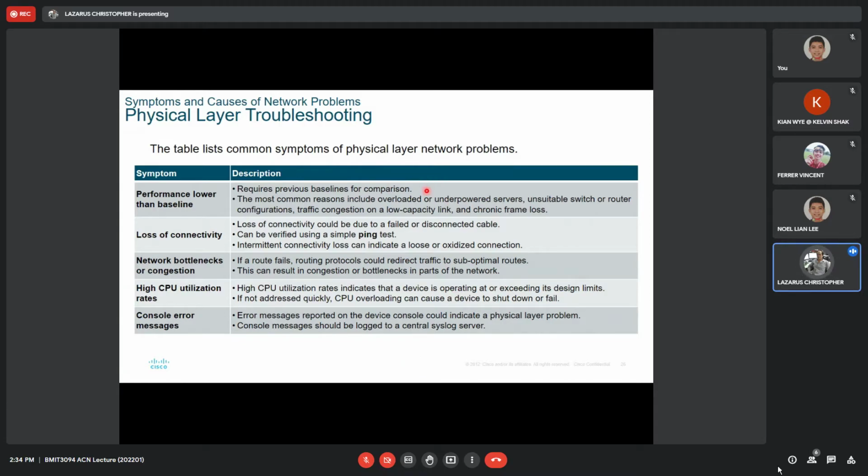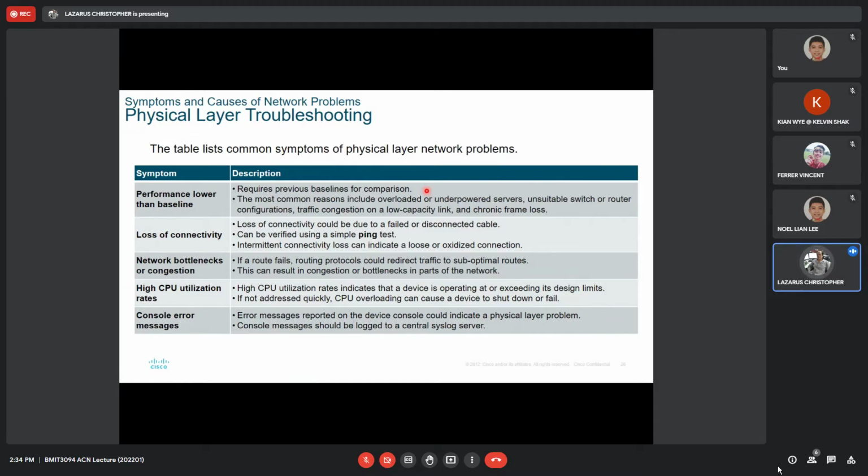Maybe there's a growth in your network. The usage is more, more transactions, because maybe more customers are visiting your physical store or your online store. It depends on what your business transaction is. That means overloaded.